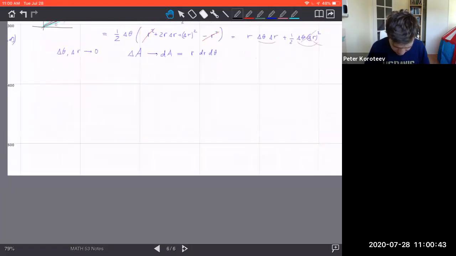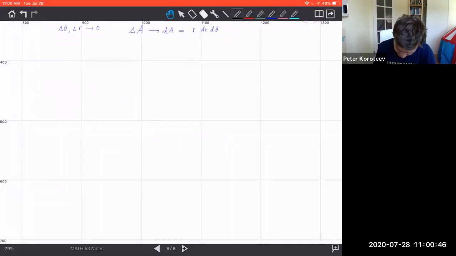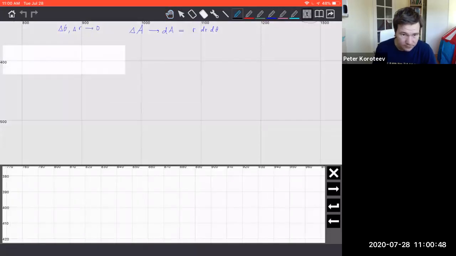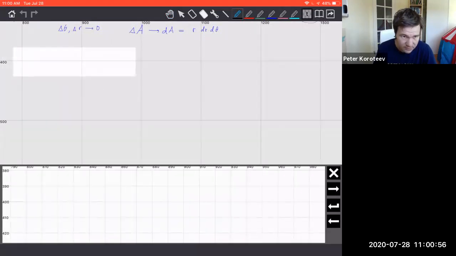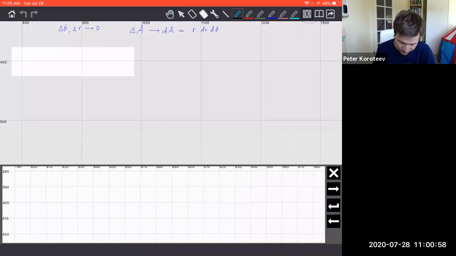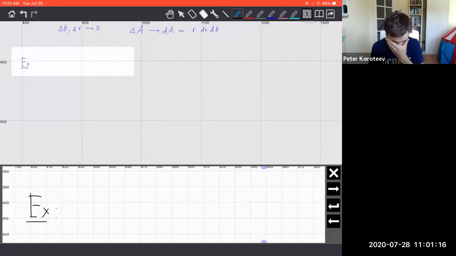Okay. So let's look at an example of how this calculation works. Let's say the region is given by the two circles.